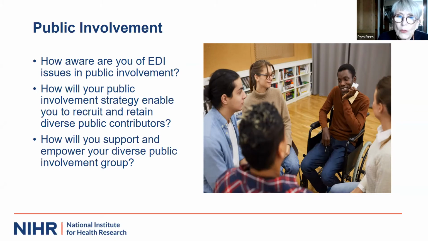And the third question is, how will you support and empower your diverse PPI group? This covers issues such as respectful communication with public contributors, so they're clear about what's expected of them throughout the project, not seeing public contributors as simply fulfilling a quota or speaking for their community or protected characteristic.